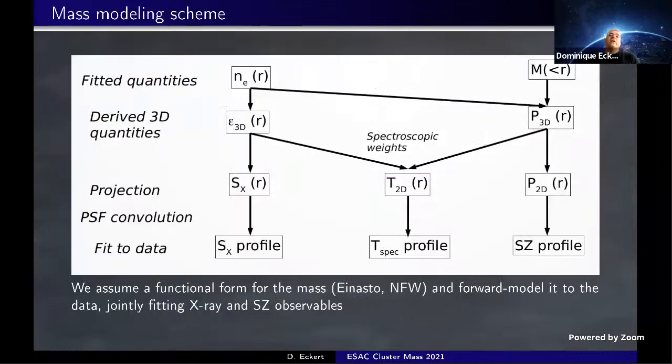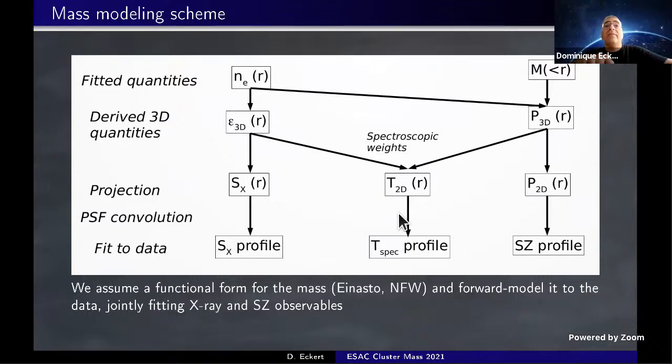So how do we do that? We put together a modeling scheme for the mass, where what we do is we start from a model for the gas density profile, which is actually a non-parametric model. And we combine that with a mass model, which could be typically an NFW or an Einasto. And then by doing that, you can integrate the hydrostatic equilibrium equation, get back to the 3D pressure profile and to the 3D emissivity.